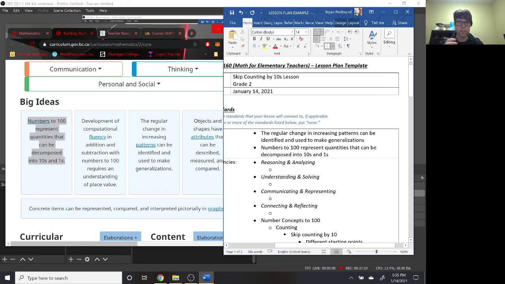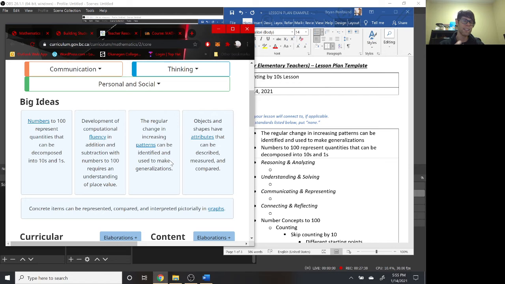We're trying to take the pattern that we're seeing and use it to make future generalizations. If I know that I'm counting by tens, 30, 40, what comes next? 50, 60, 70. So understanding and identifying those patterns, like going up and down the column in our hundreds chart, is a really good big idea that we can connect this particular lesson to.